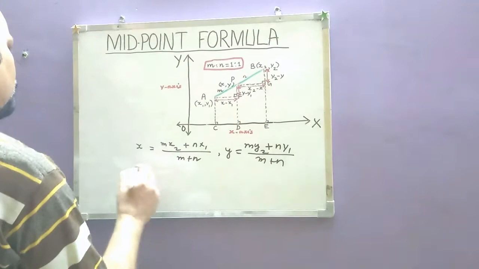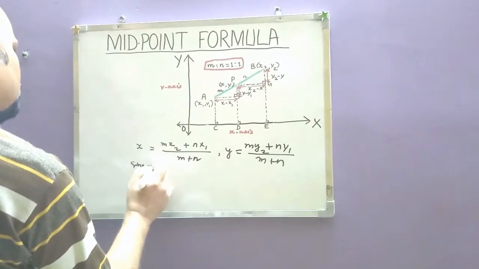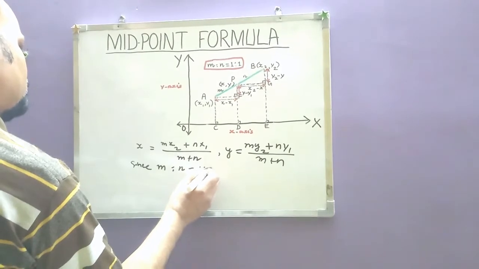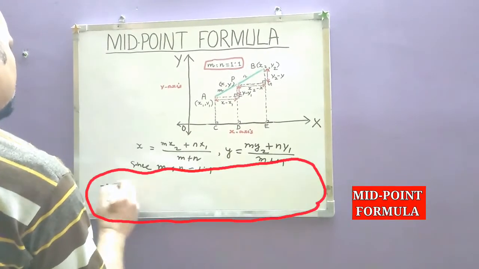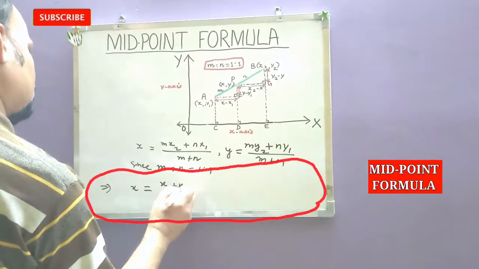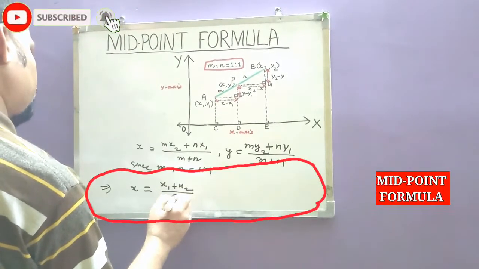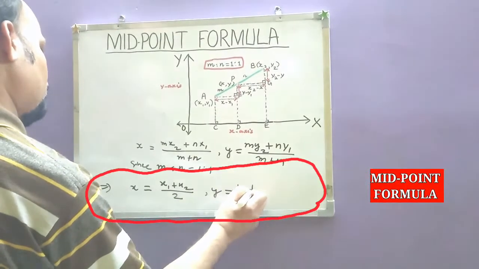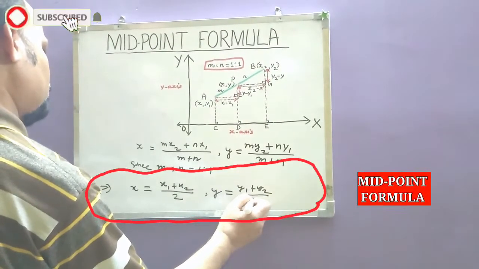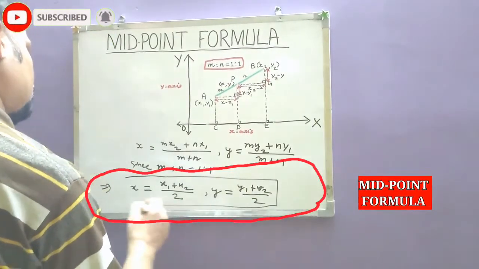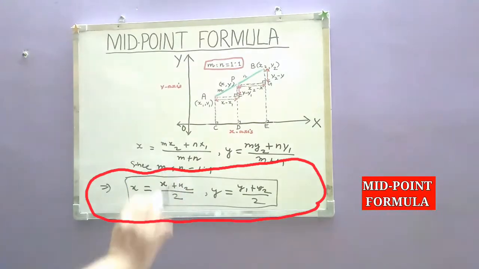Since m is to n equal to 1:1, we have x equal to x1 plus x2 upon 2 and y equal to y1 plus y2 upon 2. This is the midpoint formula for the coordinates of the midpoint of a line segment.